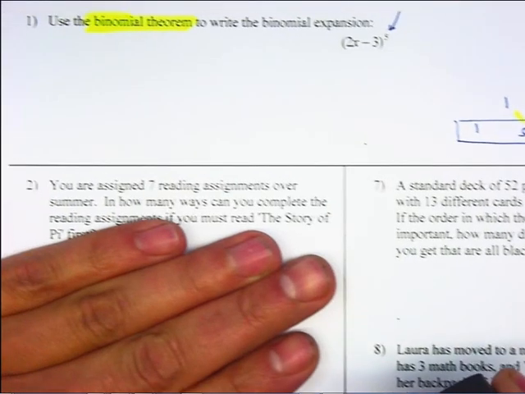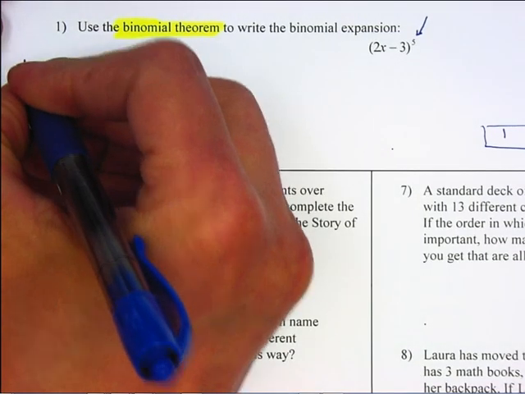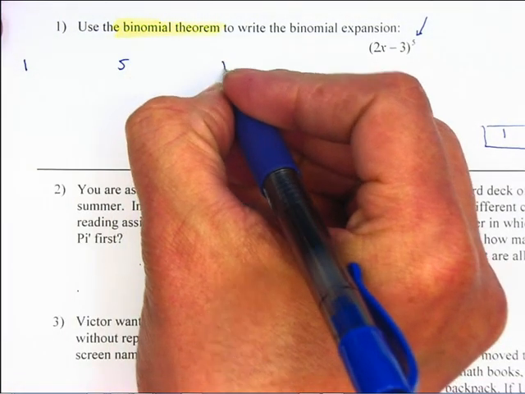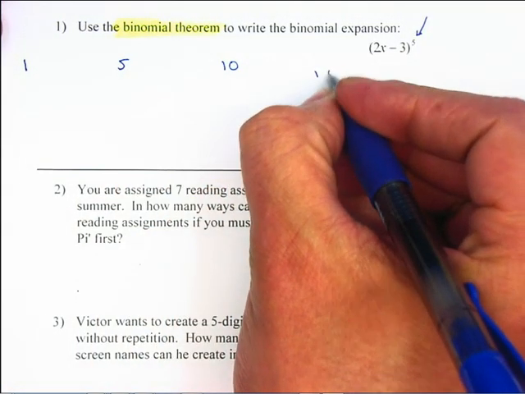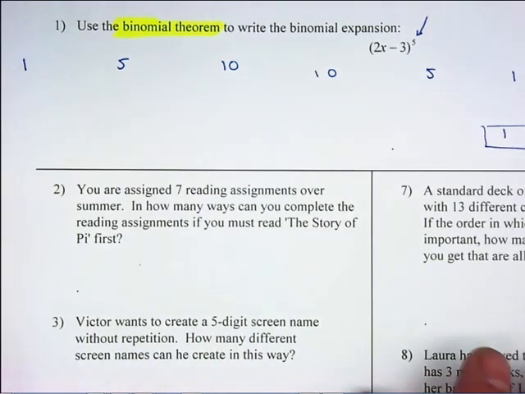So let's go and write them down. There'll be a 1, then a 5, then a 10, then a 10, then a 5, and last will be a 1.